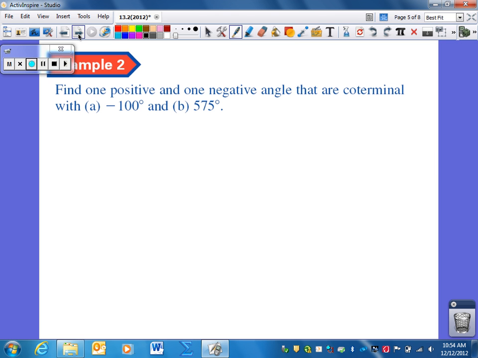Things that always help me out is drawing. I like looking at pictures to figure out what's happening. So a negative 100 degrees is right there. So I need a positive angle and a negative angle that's coterminal with a negative 100 degrees.